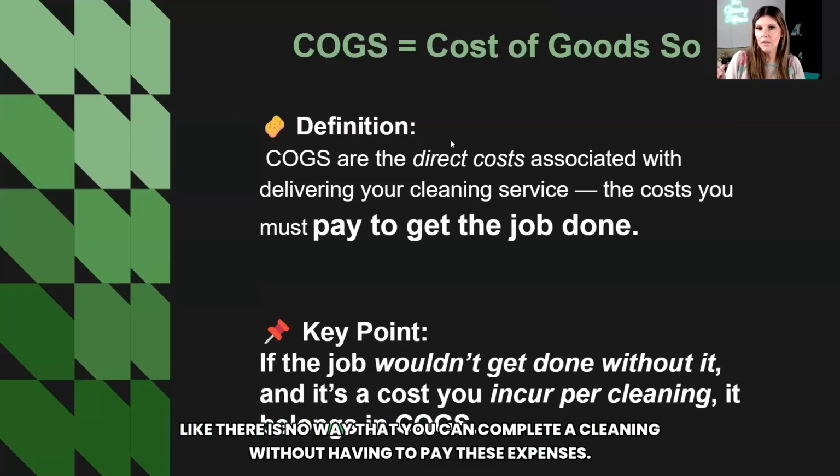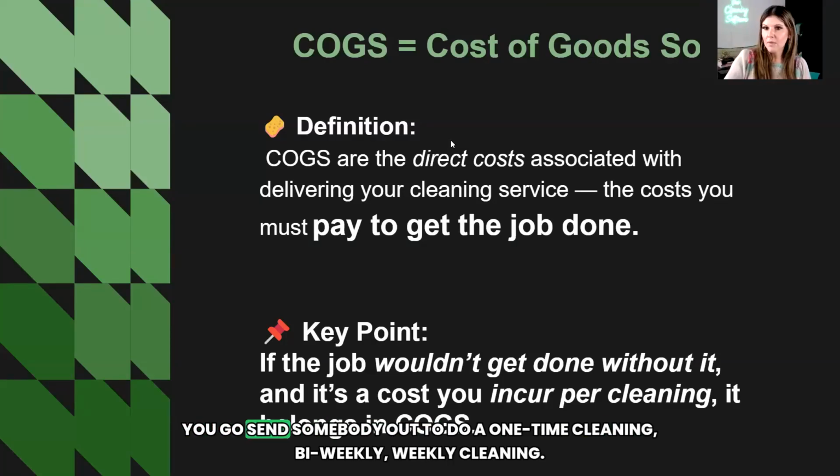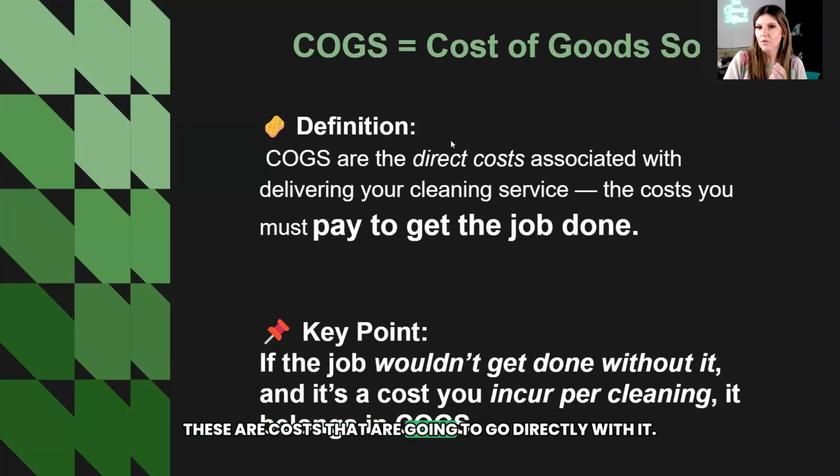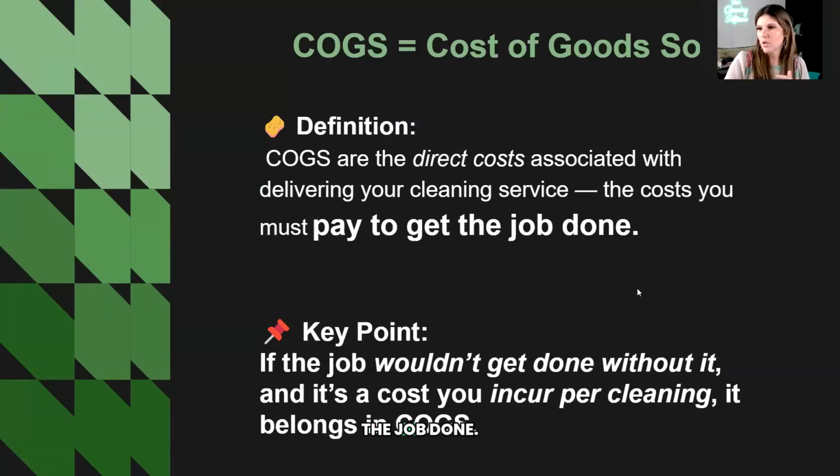There is no way that you can complete a cleaning without having to pay these expenses. No matter what, if you send somebody out to do a one-time, bi-weekly, or weekly cleaning, these are costs that are going to go directly with it, and you absolutely have to pay them to get the job done.